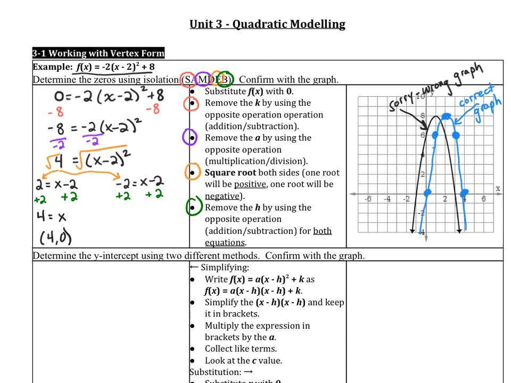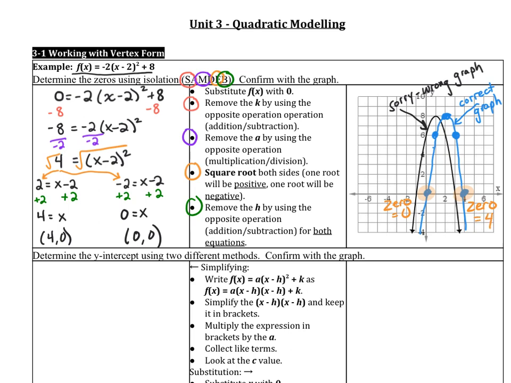And your second 0 would be at 0, and that coordinate is (0, 0). So you can see here, one of the zeros is at 0 and the other one is at 4.